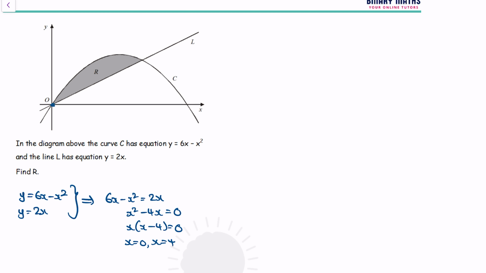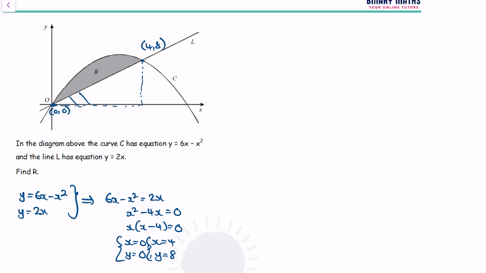So this point is (0, 0), and this point has x equals 4. Using y equals 2x, when x is 4, y will be equal to 8. So that's one answer, and that's another answer: (4, 8). What I need to do first is the area of this triangle.